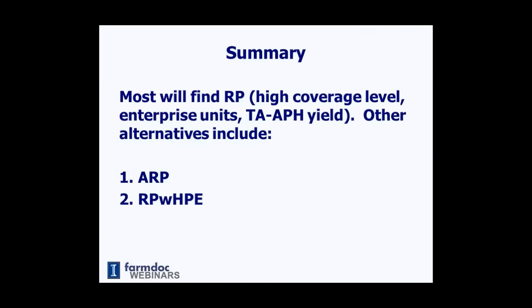Moreover, next year, whatever commodity title program you choose, you can still choose the same combo products that you have available and the same ARP product. So in 2015, if you've chosen RP 85% for 2014, you will be able to choose that for 2015.